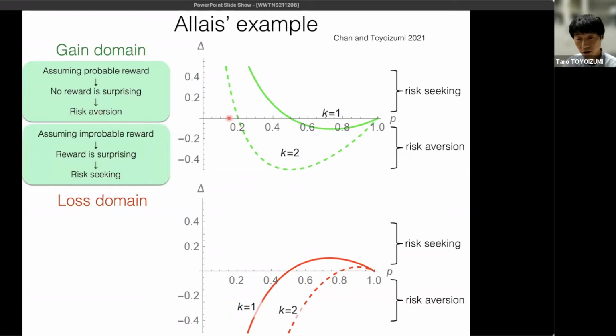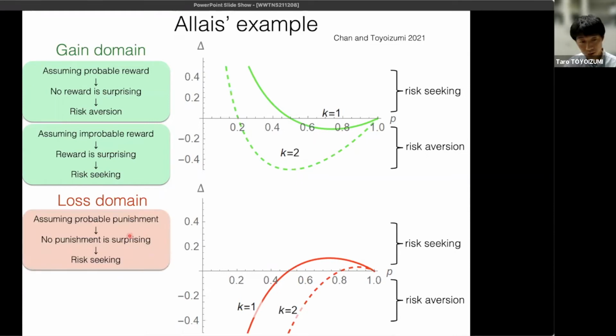What happens down there with a lower reward probability? Around here, the subject assumes an improbable reward. And if you assume an improbable reward, getting the reward is a pleasant surprise. This surprise is amplified by the nonlinear function and increases the surprise value, and leads to risk-seeking behavior. And the explanation for the loss domain is just a mirror flip.